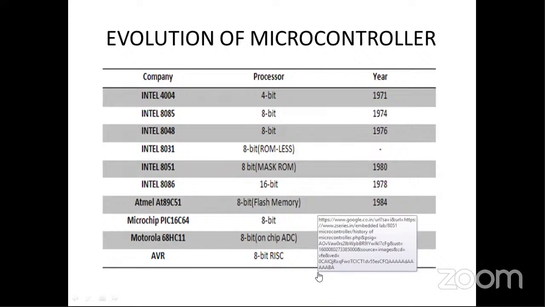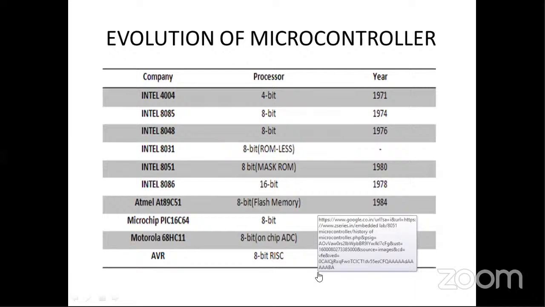Intel was also the first company to design a microcontroller, which was 8-bit, in 1976. This 48 series had certain drawbacks, or limitations, with respect to memory. Therefore, the Intel 8051, which is a widely used controller, has more expandable memory.